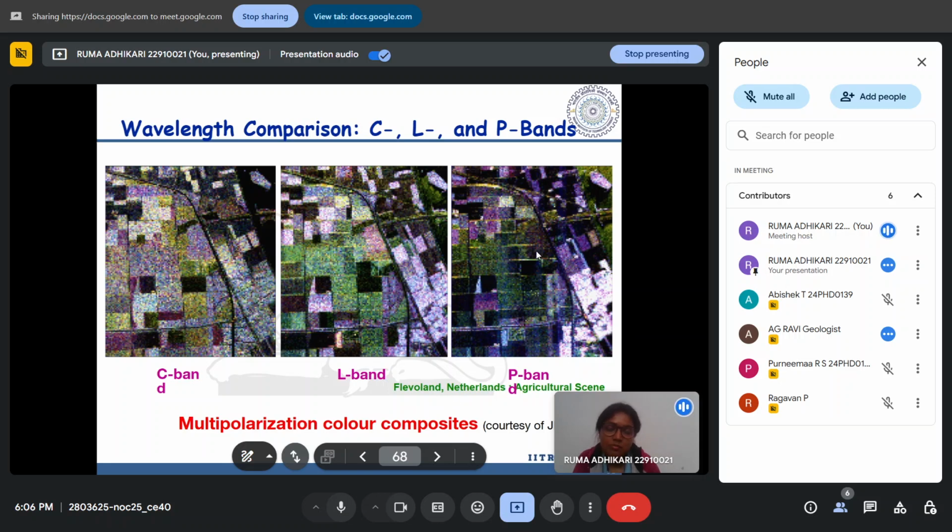You can see the P band is more detailed, and these are not that bright.